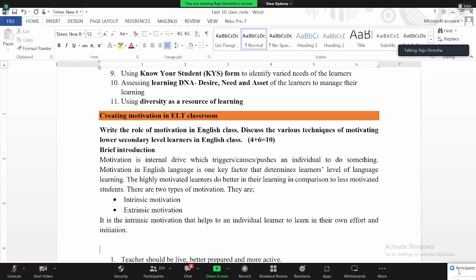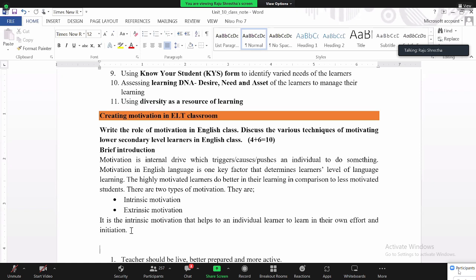So in extrinsic motivation, especially we provide some kind of physical rewards, incentive system like money, like other prizes like sweets, copy, pen, we provide to the students, and these physical rewards motivate students to do further in learning.